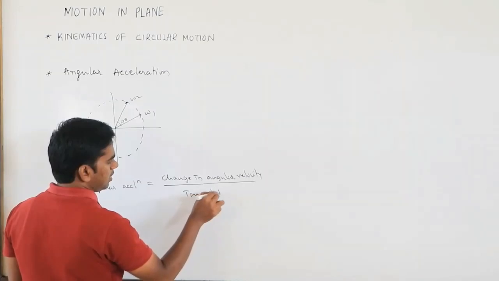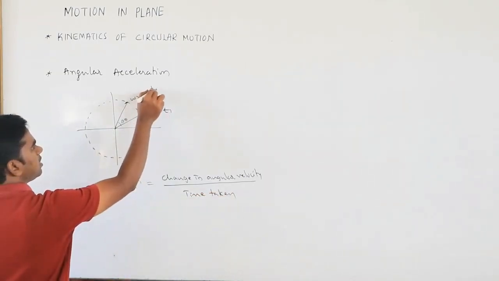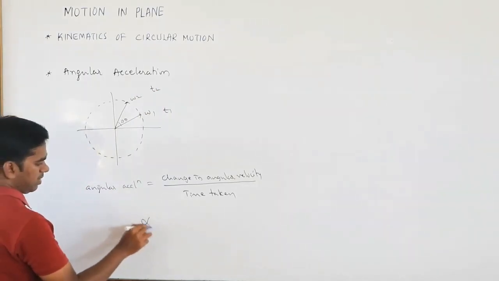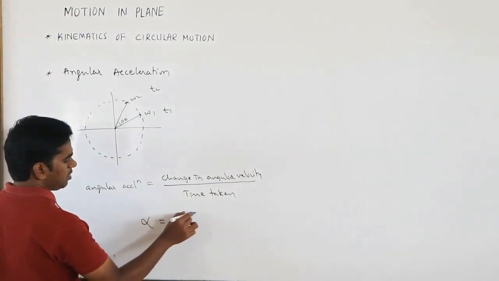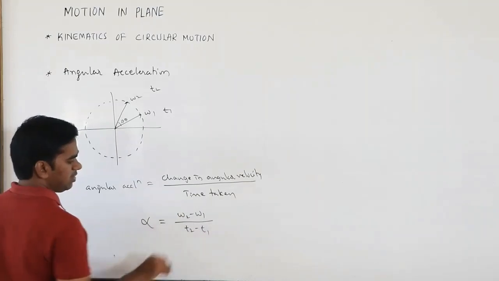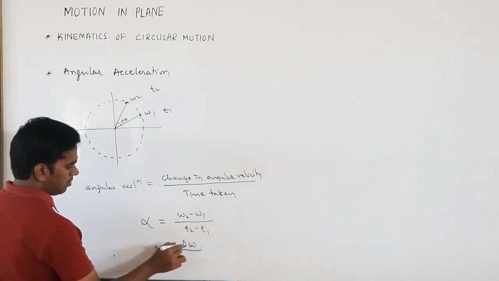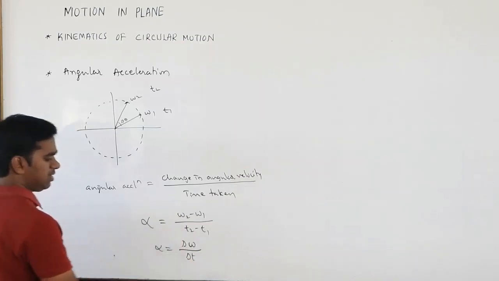Here it is time t1, here it is time t2. Angular acceleration is denoted by alpha. So alpha equals change in angular velocity, omega 2 minus omega 1, divided by t2 minus t1.